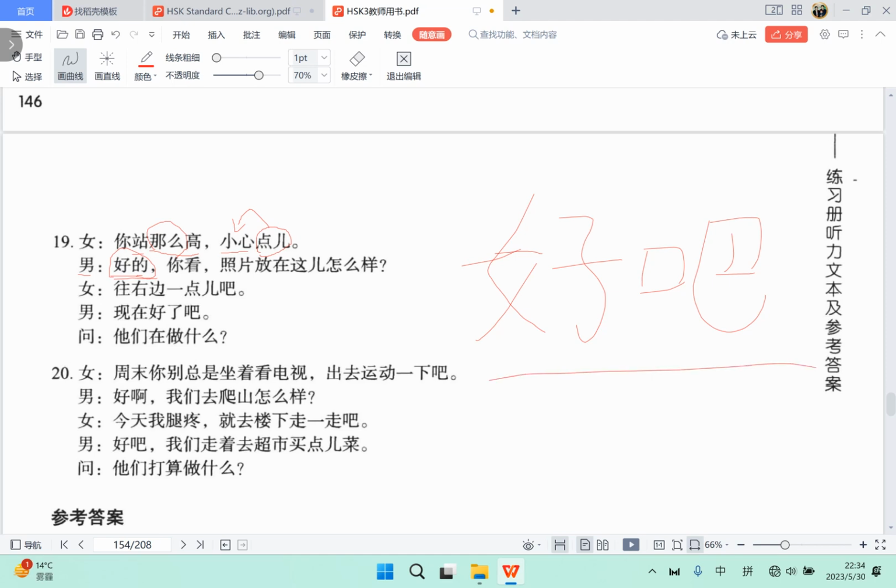But 好吧 is a little bit passive. I mean, I have other ideas compared with your suggestion, but due to our relationship or the situation, I would like to go with your way, not mine. I keep my opinion, but I will go. I will agree with you like that. So it's not that willing. So this is the reply 好吧, but 好的 is: yeah, okay, let's go.